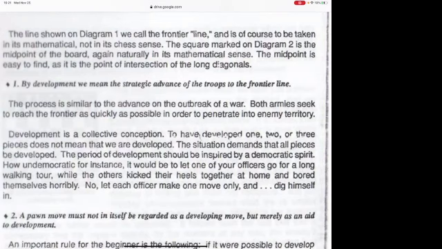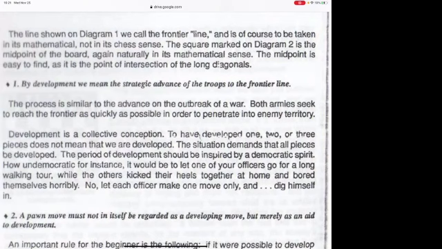So over here, Nimzowitsch is saying that development is a collective conception. To have developed one, two, or three pieces does not mean that we are developed. So I can only say I am developed when all of my pieces are in the frontier line and ready to attack together.